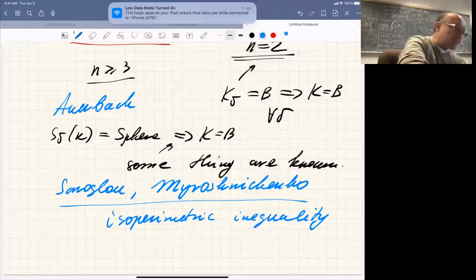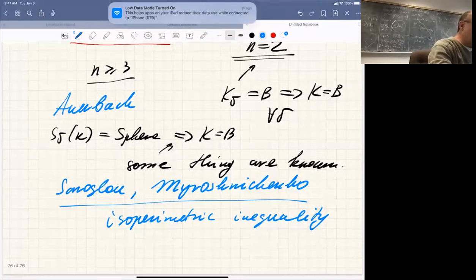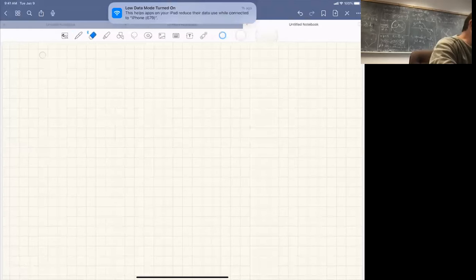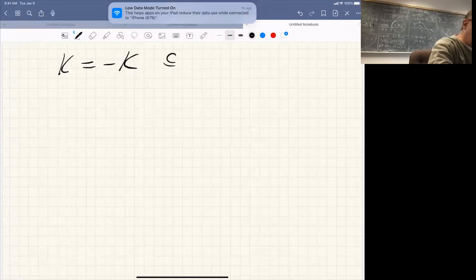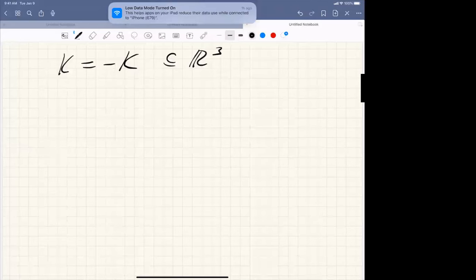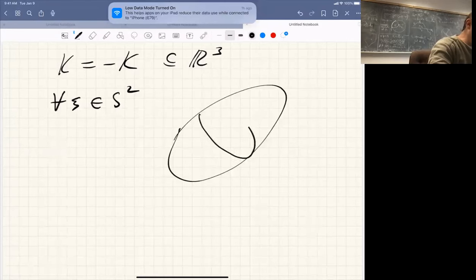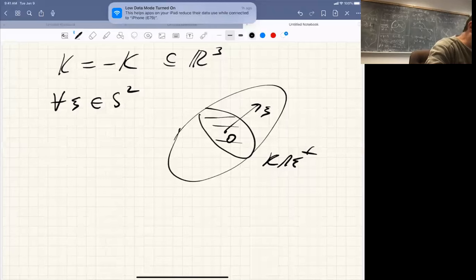So, for example, let me give you an instance answering precisely your question. You have the following question. K is minus K, an origin symmetric convex body, for example, in R3. Alexander, are you with me? Yeah, I'm following. Yes. So K is minus K. You know that for any direction psi, the sections of your body passing through the origin, this is K intersection psi perpendicular, they all have the same area.